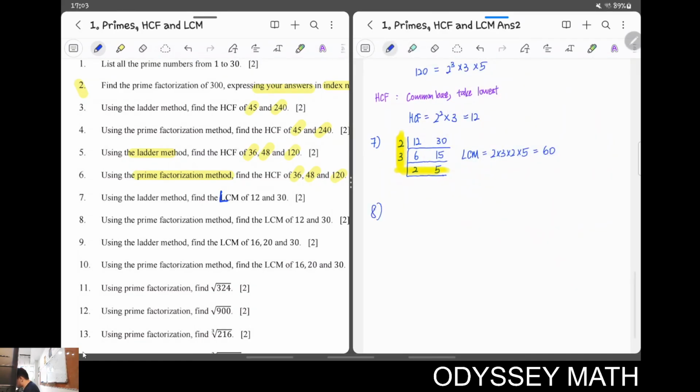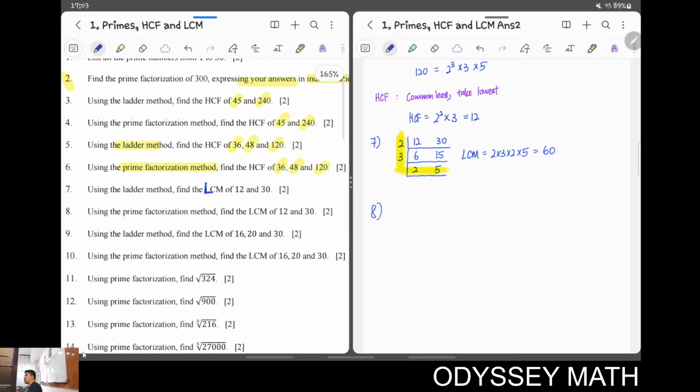For question number 8, it's the same answer as question number 7. We are still being asked to find the LCM of 12 and 30, just that this time we're going to use the prime factorization method. For the prime factorization method, you do the ladder method separately for 12 and 30.